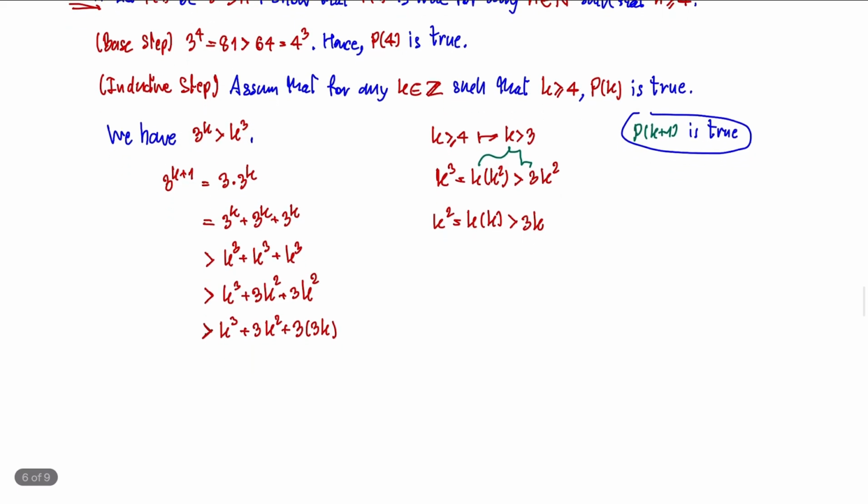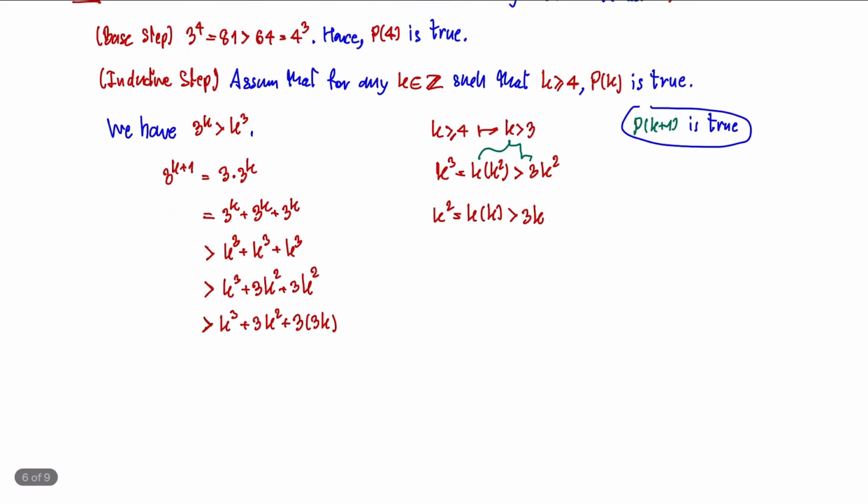Alright? And then we try to calculate. Then it turns out to be k cubed plus 3k squared plus 9k. Okay? And we partition 9k.